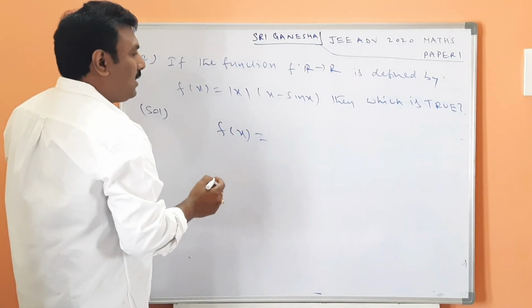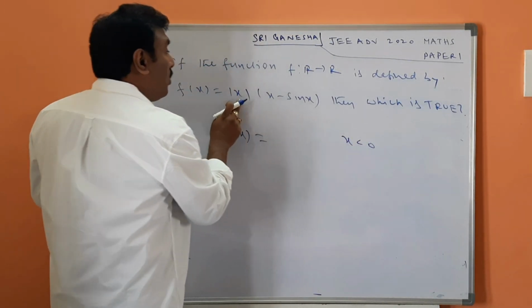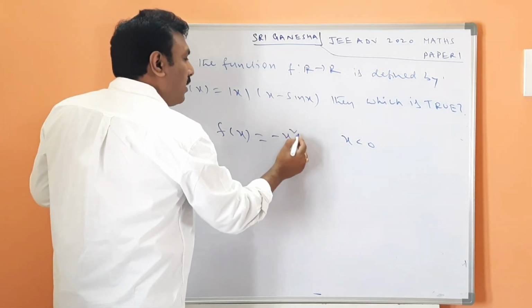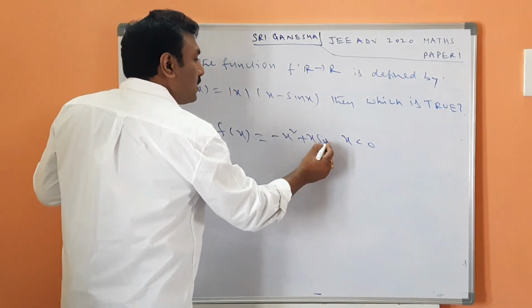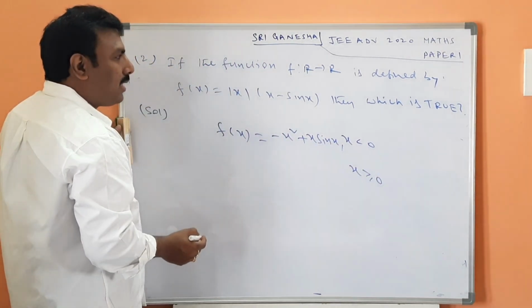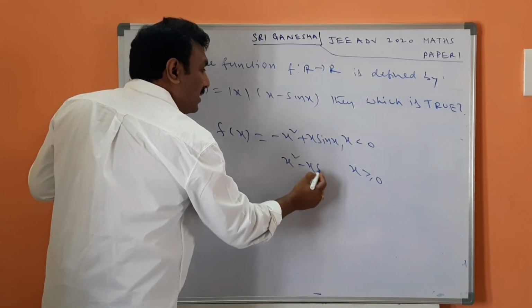Now f of x is equal to, for x less than 0, modulus of x is minus x, so minus x into (x minus sin x), that is minus x square plus x sin x. For x more than or equal to 0, it is x into (x minus sin x), that is x square minus x sin x.